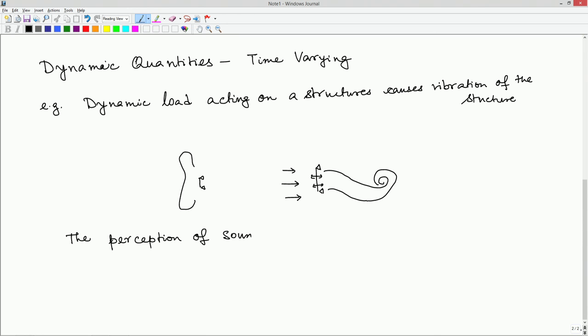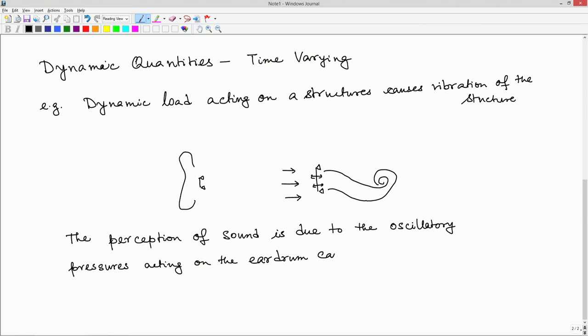is due to the oscillatory pressure forces, oscillatory pressures, acting on the eardrum, causing the eardrum to vibrate.